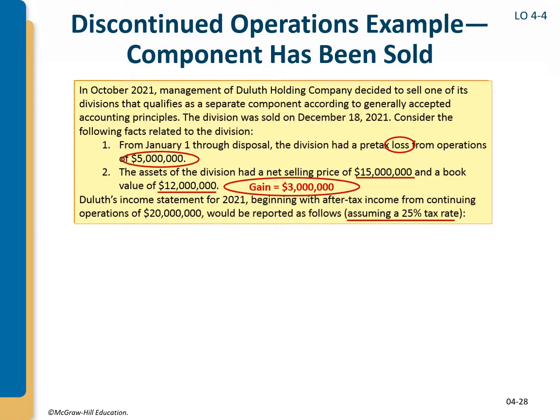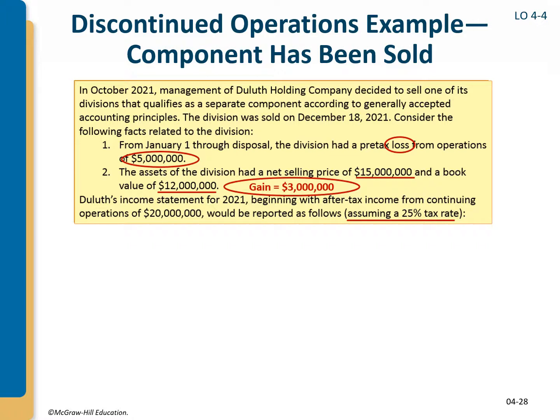Get all the revenues and expenses from the beginning of the year through the date of the sale. It had a pre-tax loss, so before any effective income tax, of $5 million. When they sold the division, they sold it for $15 million. The book value of the assets they sold were $12 million. So they actually had a $3 million gain on the sale.